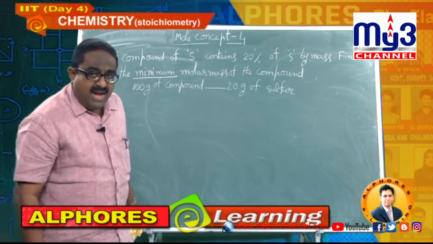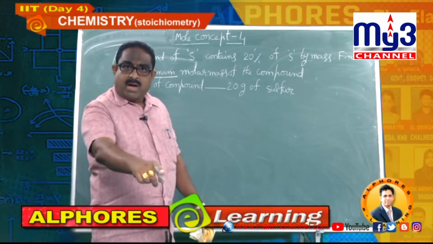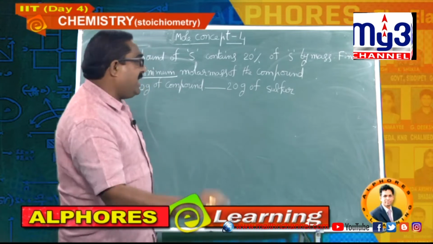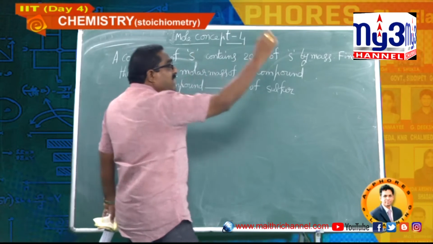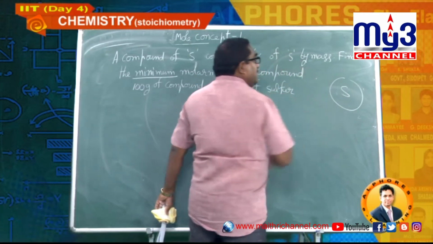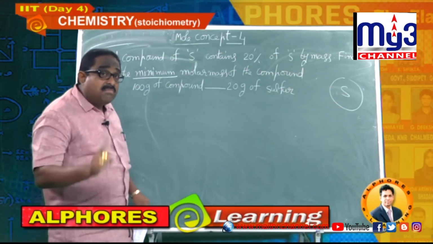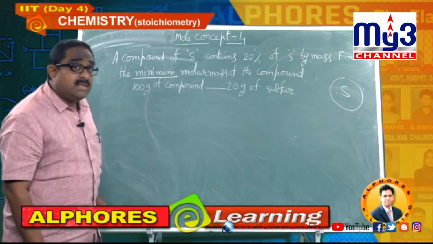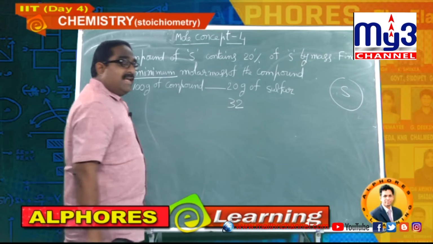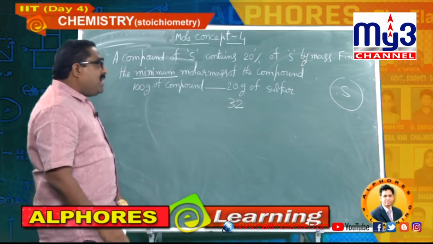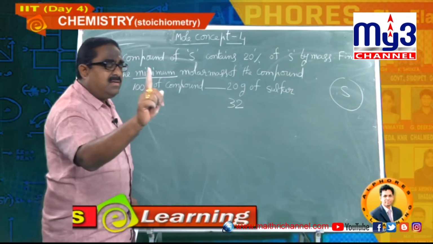Minimum. Means at least that molecular formula should contain 1 sulfur atom. So if 1 sulfur is there in the formula, how much mass you should add instead of 1 sulfur? Yes, sulfur atomic weight is 32 grams.